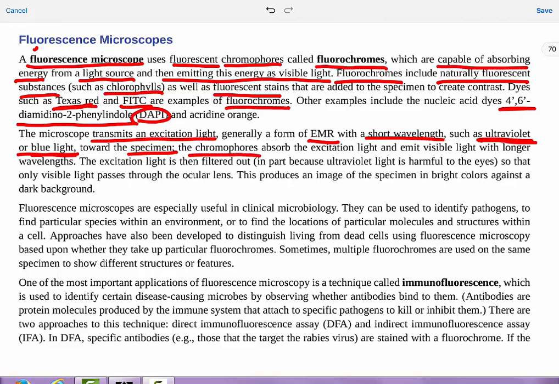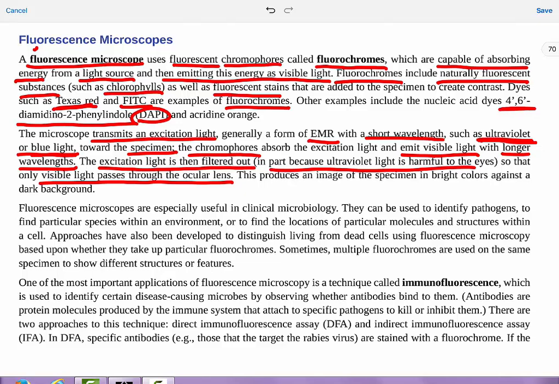Then the chromophores will absorb that excitation light and then emit visible light with longer wavelengths so we can see it. The excitation light is then filtered out, in part because ultraviolet light is harmful to our eyes, so that only visible light passes through the ocular lens. So this microscope is using something that's harmful, like ultraviolet light.